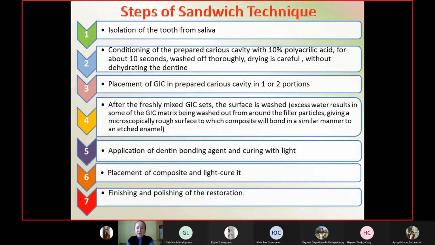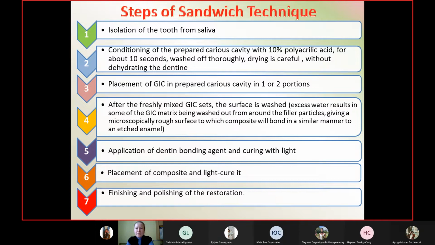After that, condensing and shaping of glass ionomer cement. And after that, applying etching gel, washing it, and applying a bond system, or a self-adhesive bond system can be applied without the washing stage. It depends.